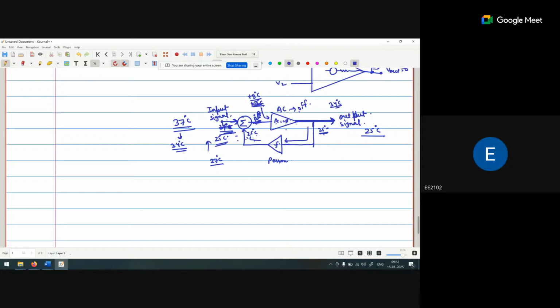Okay, so this is a type of feedback circuit. Now this feedback is either positive feedback or negative feedback. So what is the meaning of positive feedback and negative feedback?